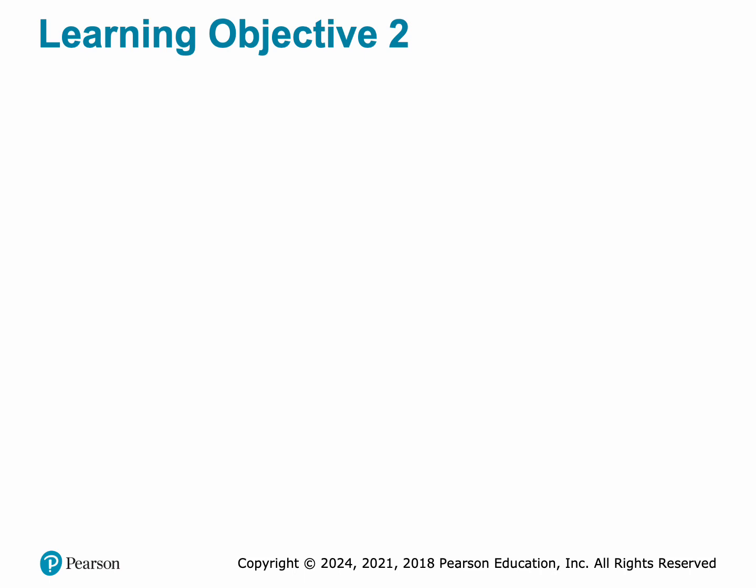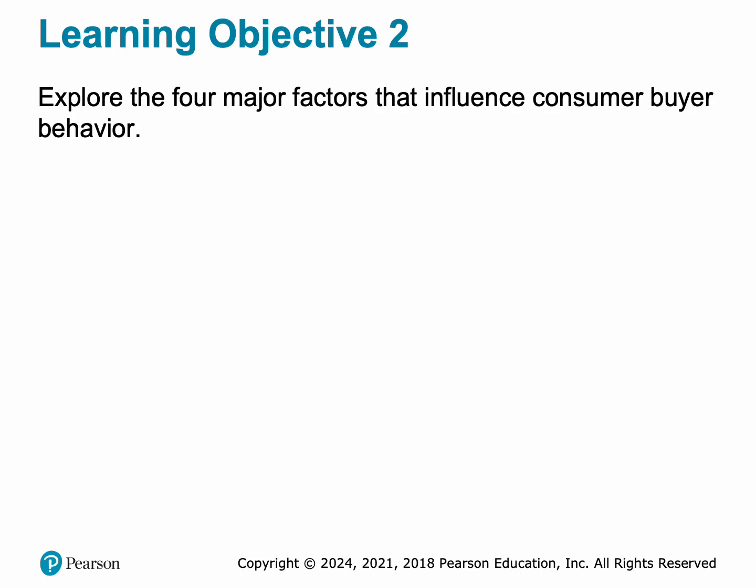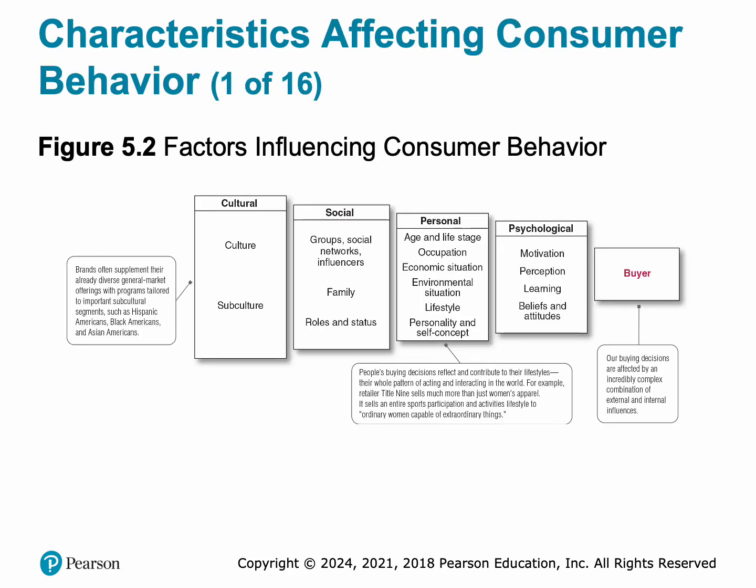So learning objective 2. We're going to explore these 4 major factors that influence these consumer buying behaviors. So consumers' purchases, and we'll talk more about these, but if you look at this cultural and social, personal, and psychological, consumers are strongly influenced by this, right?